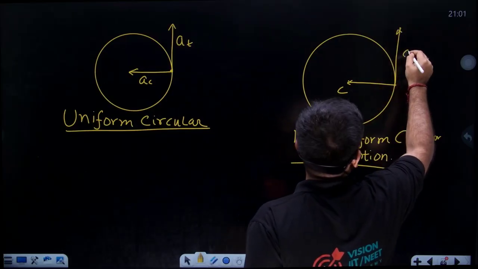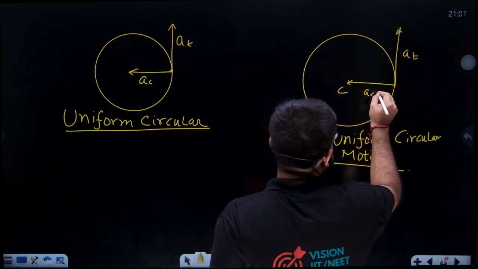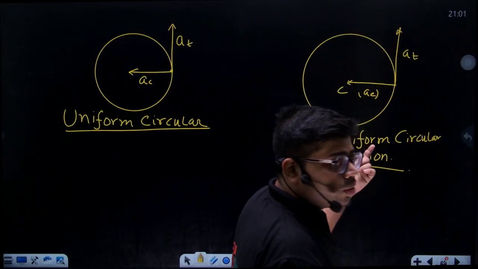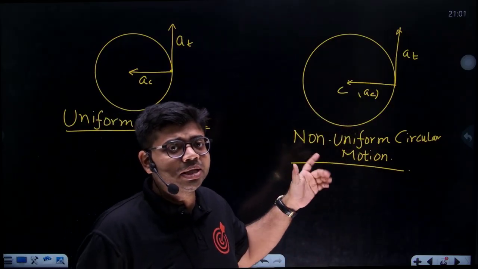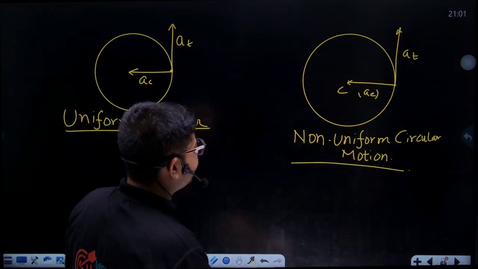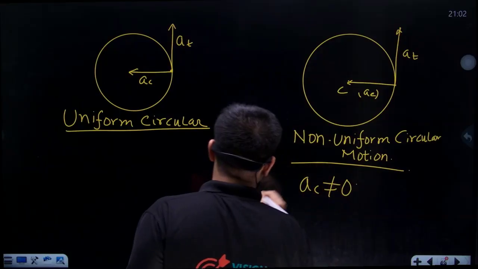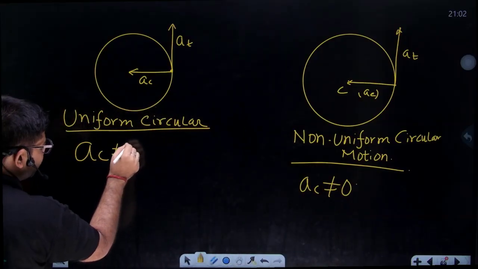One is AT, which is the tangential acceleration, another is AC, which is nothing but the centripetal acceleration. Now in both the cases, your centripetal acceleration is always going to be there. So here also centripetal acceleration is not equal to 0. Here also centripetal acceleration is not equal to 0.